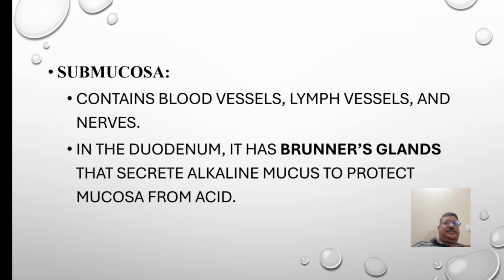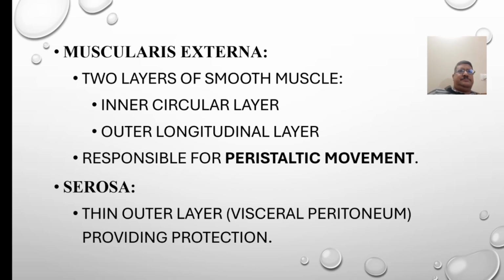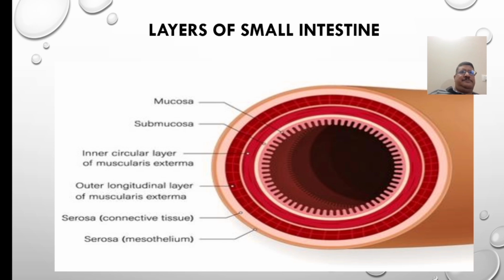In the duodenum, it has Brunner's glands that secrete alkaline mucus to protect the mucosa from acid. Muscularis externa: two layers of smooth muscle, inner circular and outer longitudinal, responsible for peristaltic movement. Serosa, the thin outer layer, visceral peritoneum, providing protection. So this is the structure: mucosa, submucosa, inner circular layer, outer longitudinal layer, serosa.